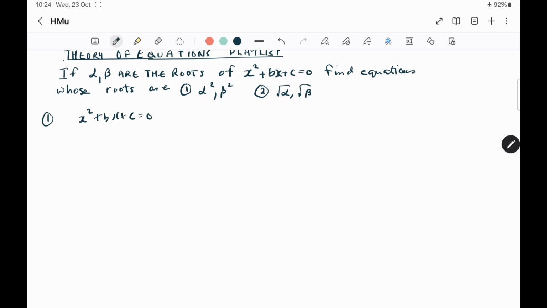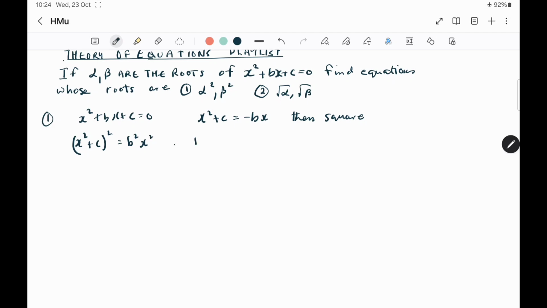So what we'll start off with is writing down the equation x squared plus bx plus c equals 0, and then rewrite it as x squared plus c equals minus bx, and then square. And what we'll get then is x squared plus c all squared equals b squared x squared.